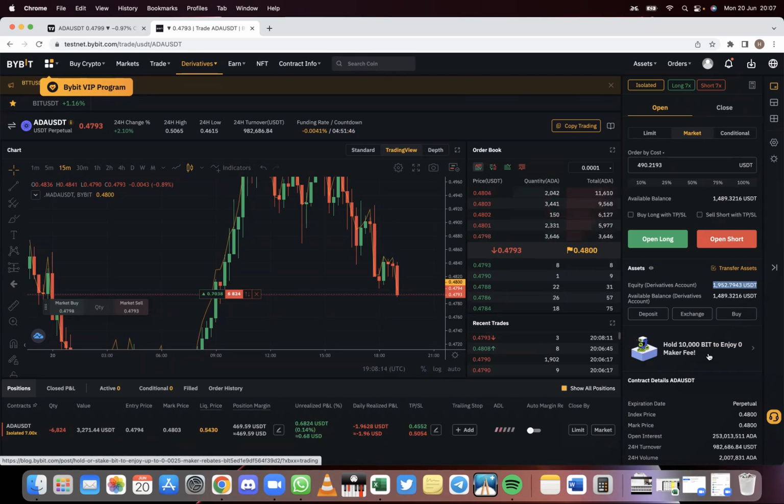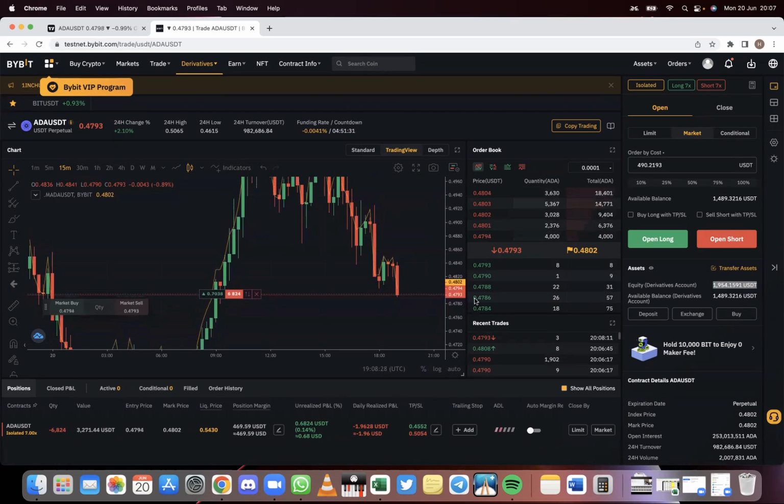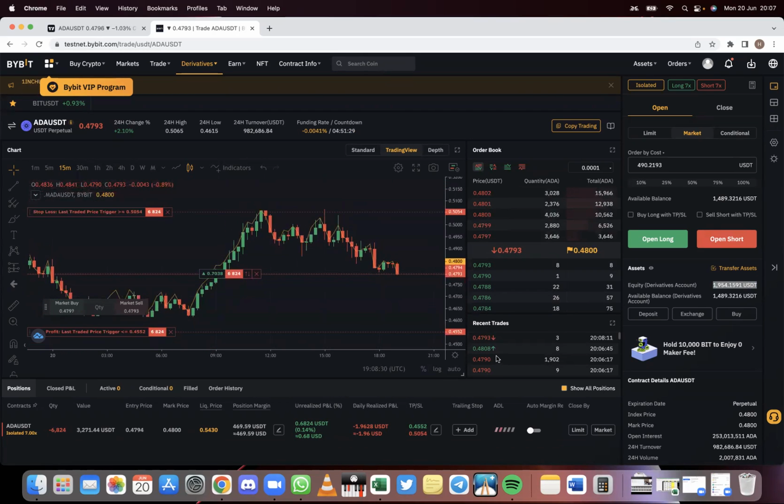Because it's a testnet, it's not real money. You understand? And because it's not real money, we are just practicing and making sure that this thing works. And then after that, we are out of the trade. So we are expecting to take profit all the way down here. When it gets there, it takes the profit for us.